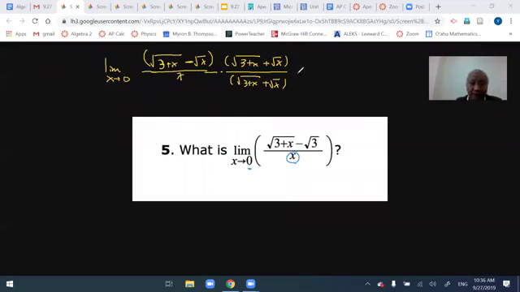If I do that, we still use the formula a squared minus b squared equals what? A plus b and a minus b, like this.